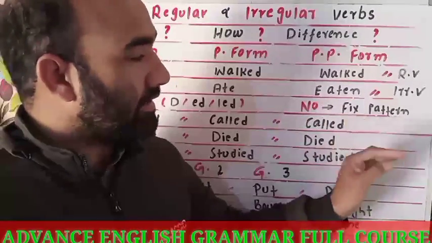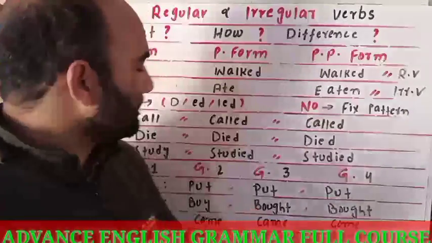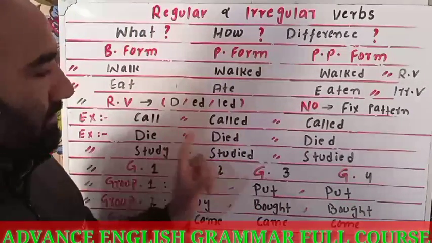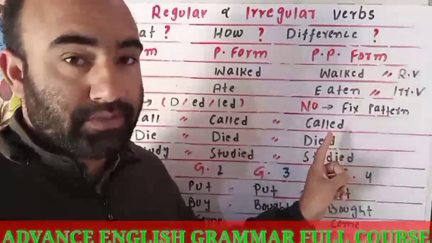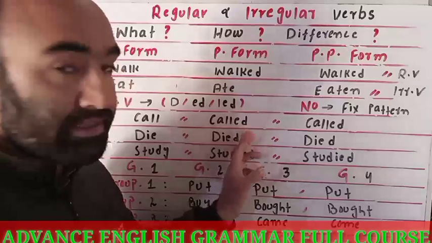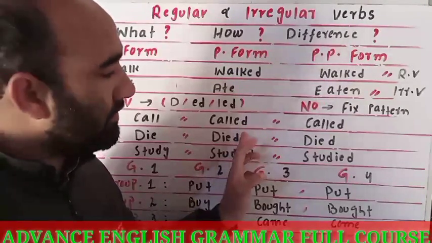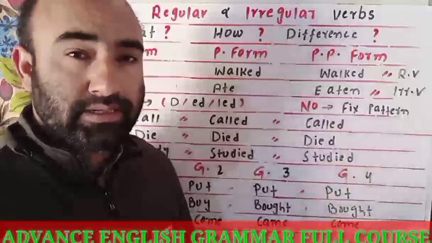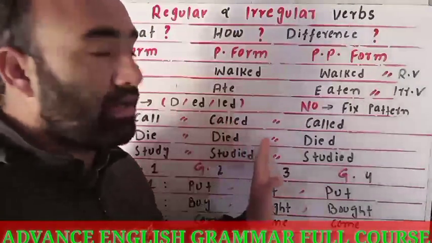Irregular verbs don't have any fixed pattern. Keep in mind, for example, call, called, called. You can see we add ed with the first form of the verb and with the past participle.